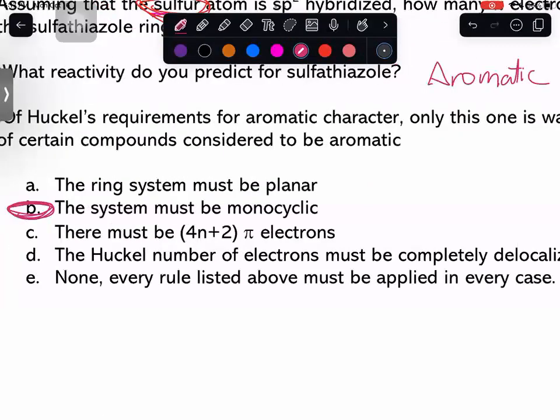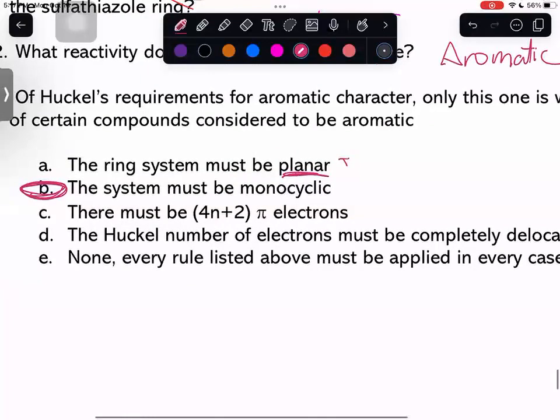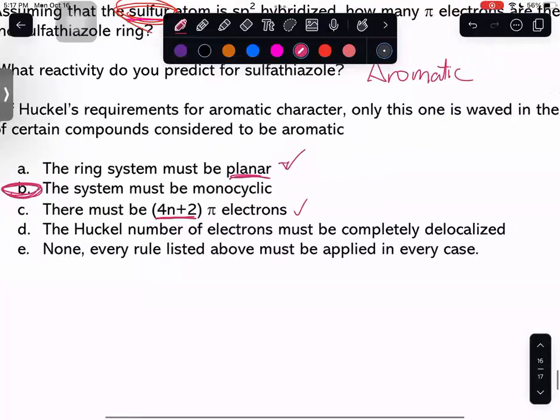A, we know that. It has to be planar, so this one is true. Then Huckel's rule, we know that the little equation is 4n plus 2. So this one is good. Now, option D. Can someone paraphrase that? Exactly. It just has to be fully conjugated, which is true as well.